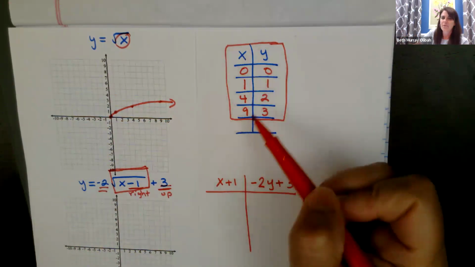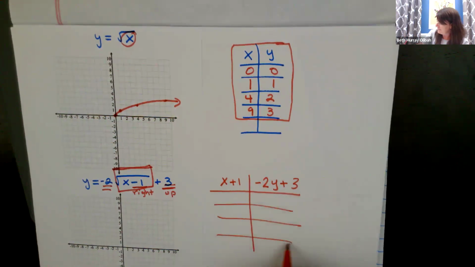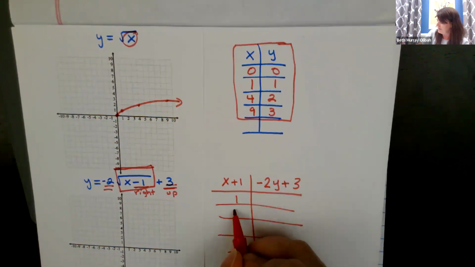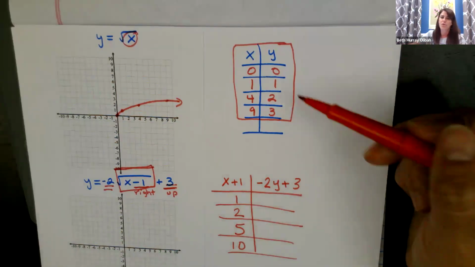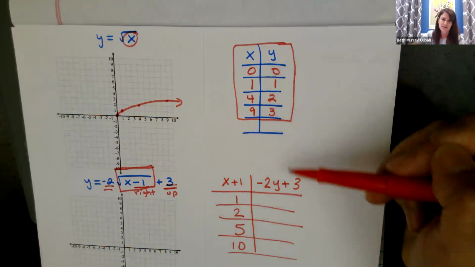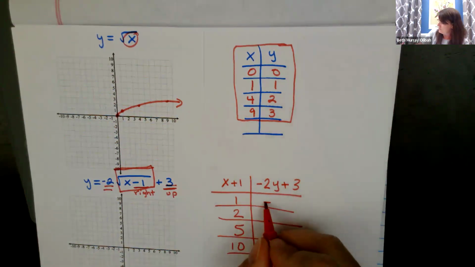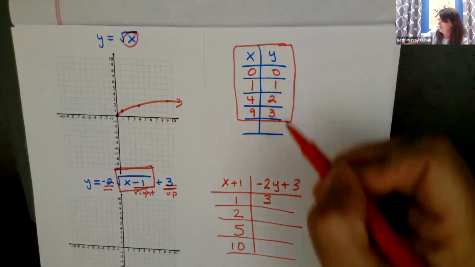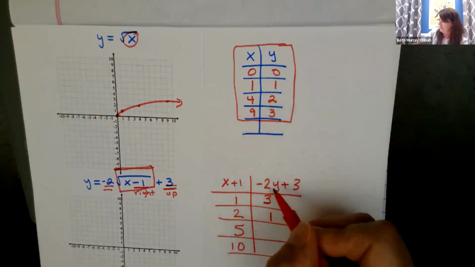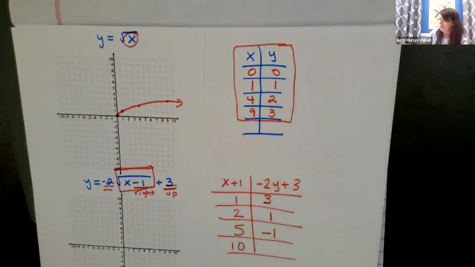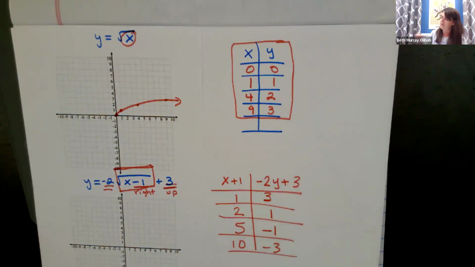So looking up at my original parent function numbers, 0 plus 1 is 1, 1 plus 1, 4 plus 1, and 9 plus 1. For the y values, I'm going to put those in, but I'm going to multiply by -2 and add 3. So this would give me 3. Plugging in 1 would give me 1. Plugging in 2 would be -4 plus 3, which is -1, and plugging in 3 would give me -6 plus 3.